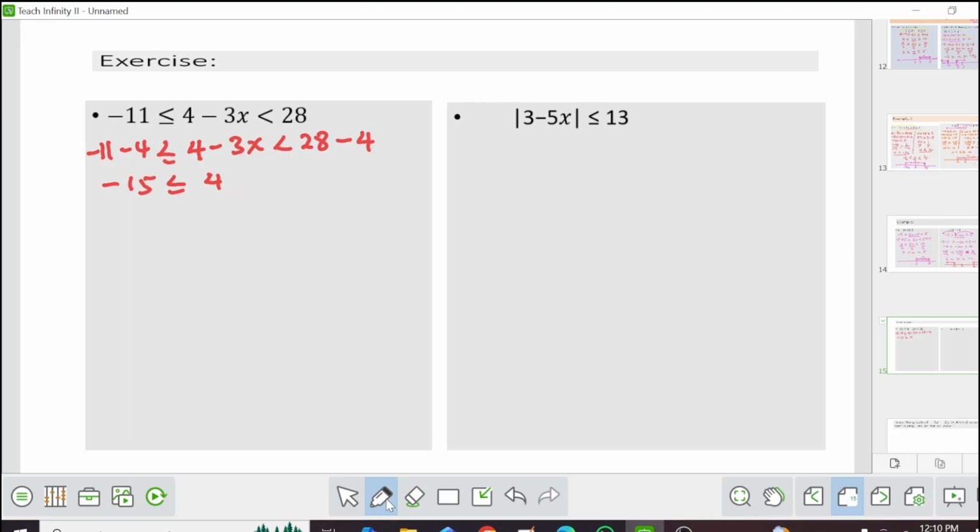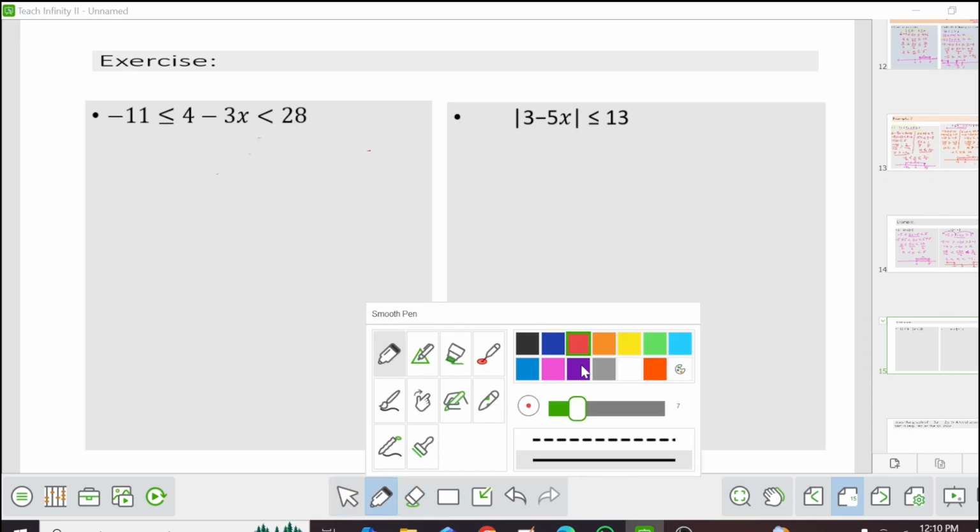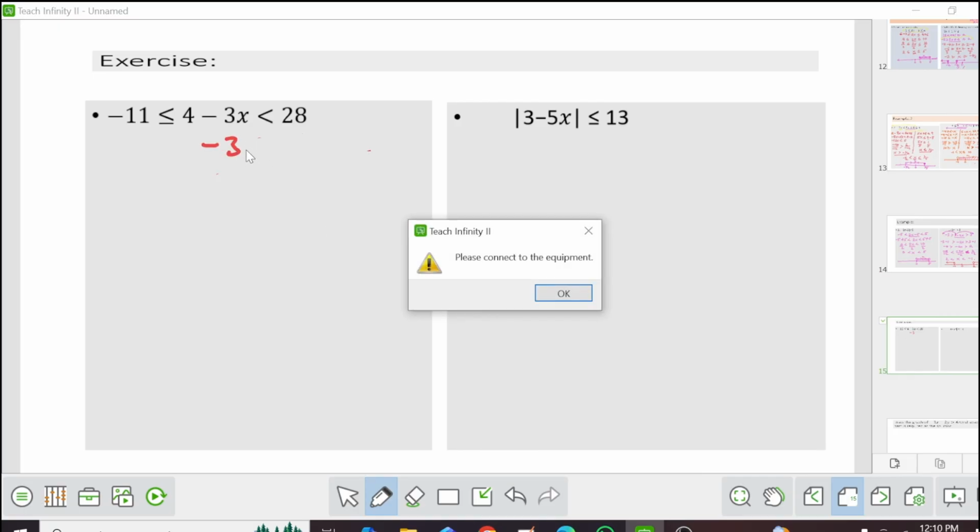Sorry, let me restart this because this is not right. With minus 4 being distributed, you have minus 3 at the center.